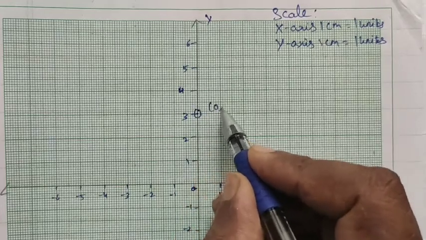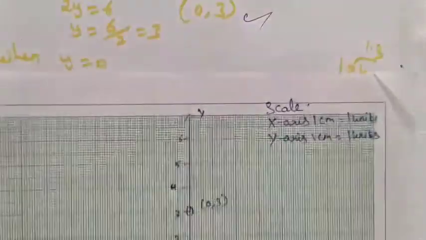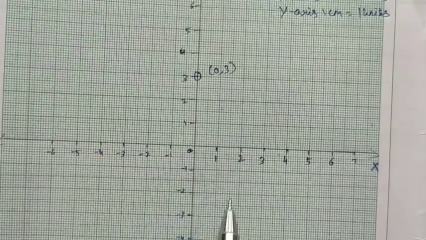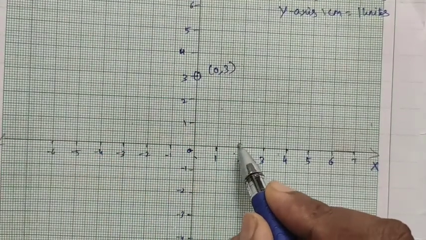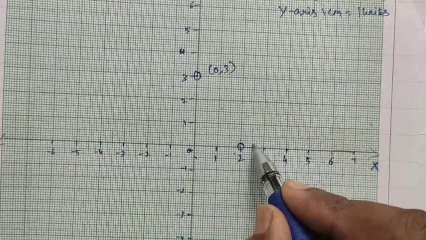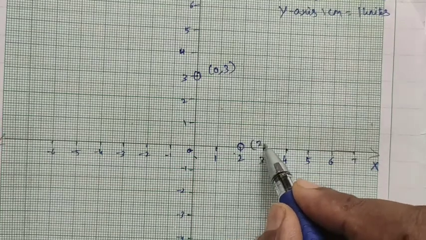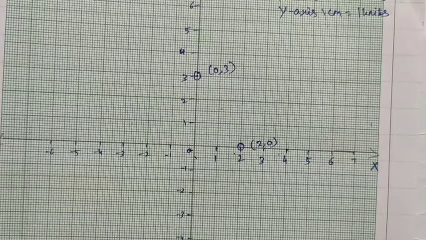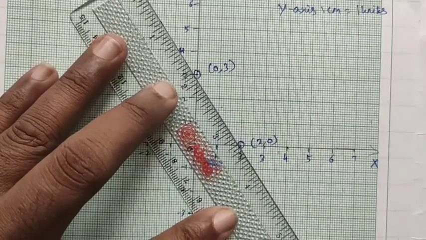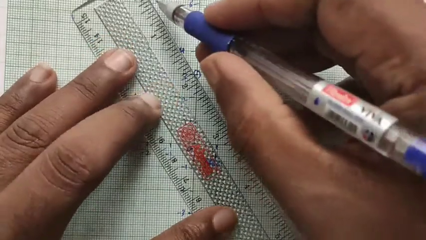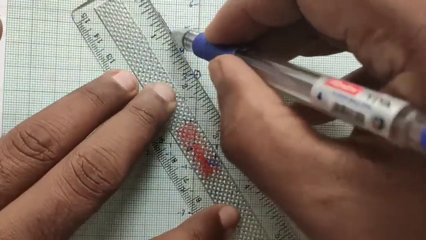The second point is 2, 0, which lies on the x-axis. Now we draw the line through these two points for the first equation.